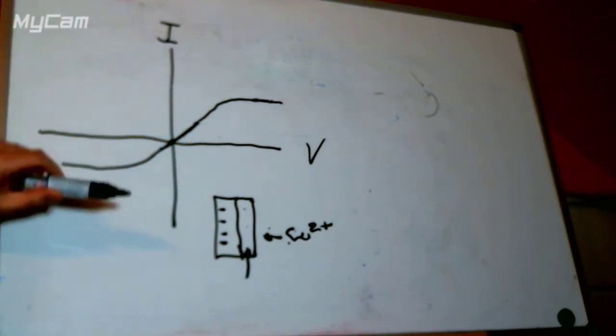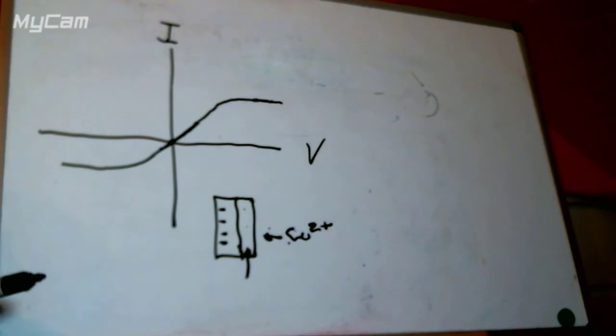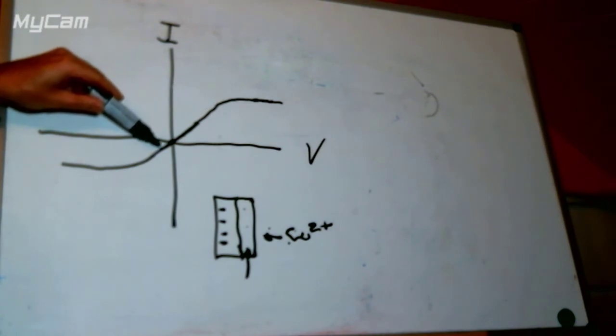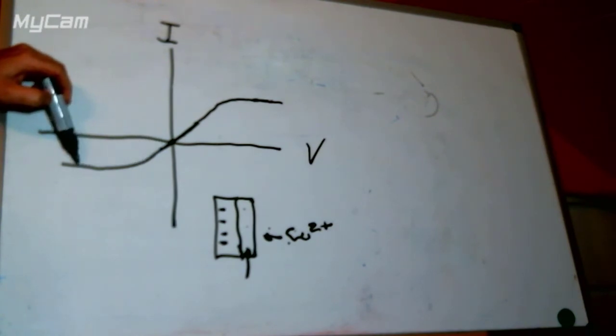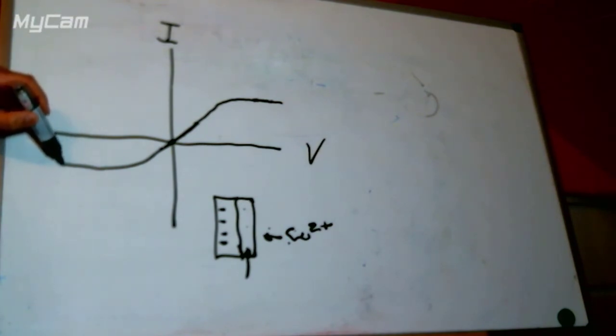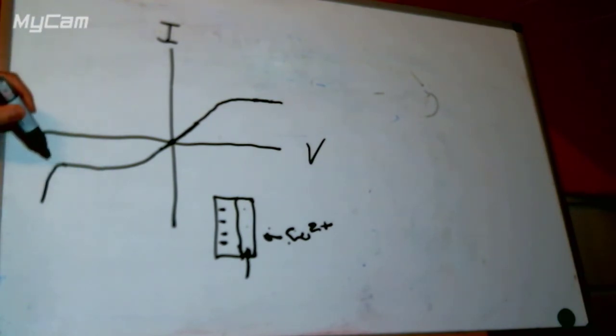If we have another process that can go on, so let us go on the reduction side maybe. So we're making copper, and then we can make maybe zinc further along. Or let's make zinc.